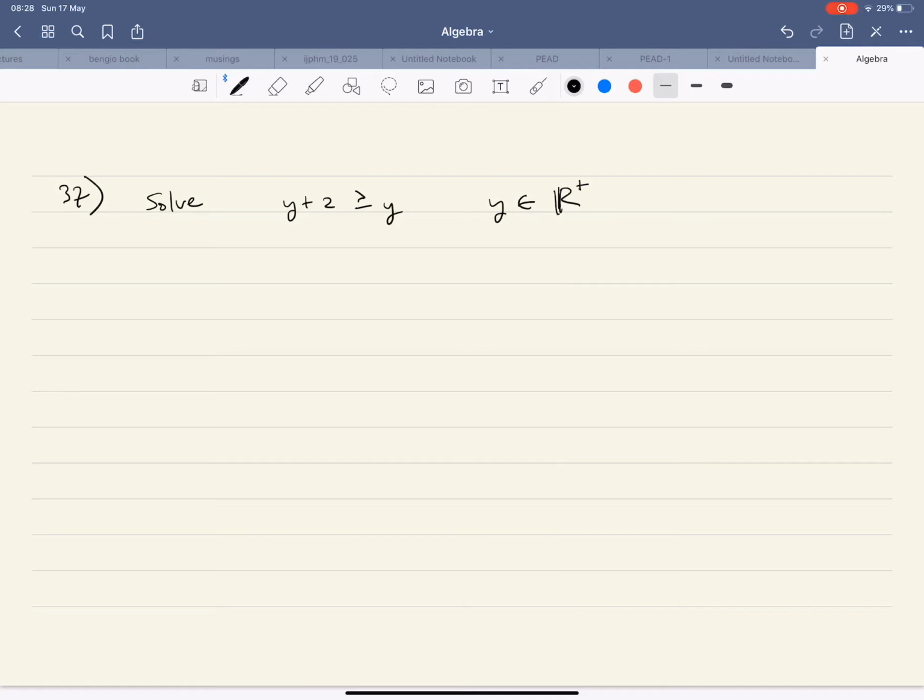If I took a look at 0 as a possibility for this expression, just to see what's on my boundary, then I would have 0 plus 2 greater than or equal to 0, which would be 2 greater than or equal to 0, which satisfies my expression, right?